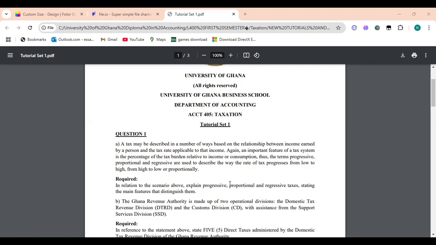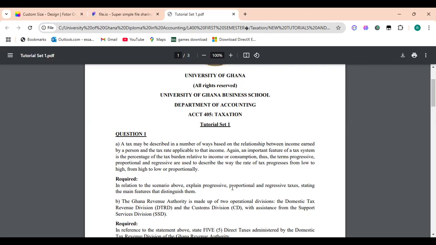All right, with proportional tax, the percentage is stable. It stays the same irrespective of the income level, whether the income level increases or decreases. A flat rate is being paid.